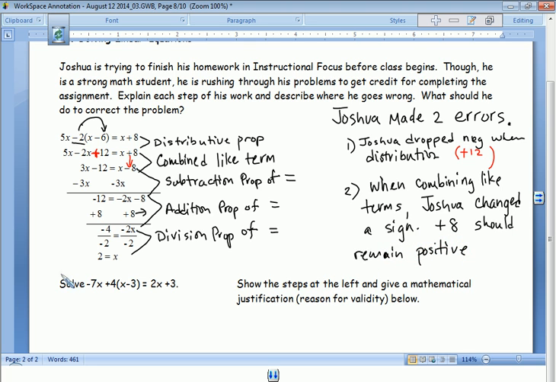All right, I would like you to try this problem. I want you to solve the problem and then, by yourselves, give your mathematical justification, or your reason for validity, for each of your steps.